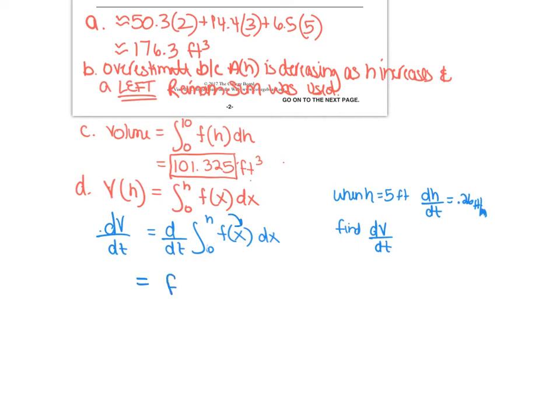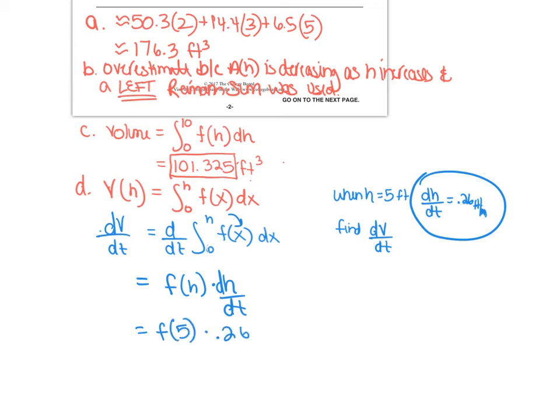So that'll become f of h times the derivative of h with respect to time. Okay, so you can write that as h prime. You can also write that as dh/dt. Okay, and if you look over here, we know what dh/dt is. When h is 5, it's 0.26.